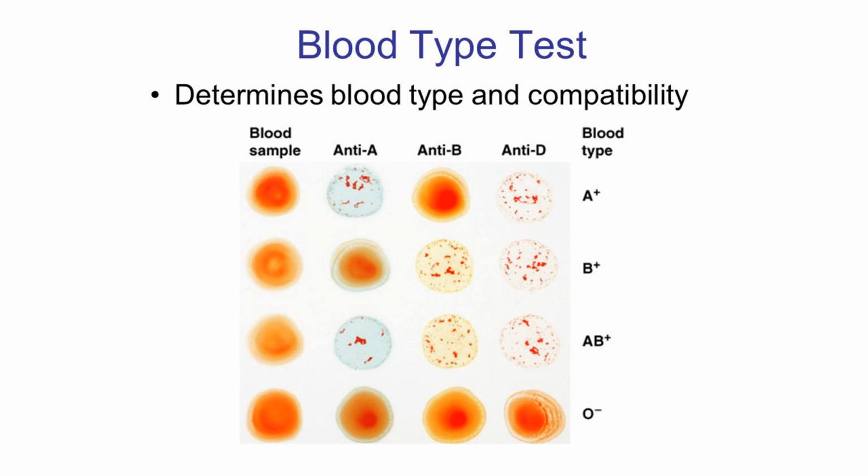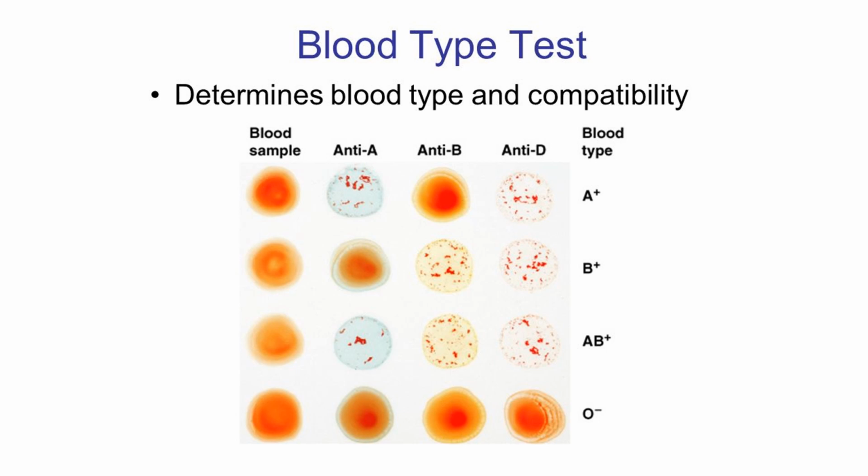Another blood sample is treated with the anti-A antibody, and you get no clumping, meaning that the A antigen is not present in that blood sample.